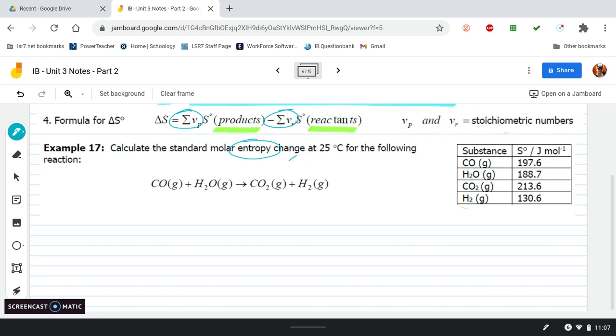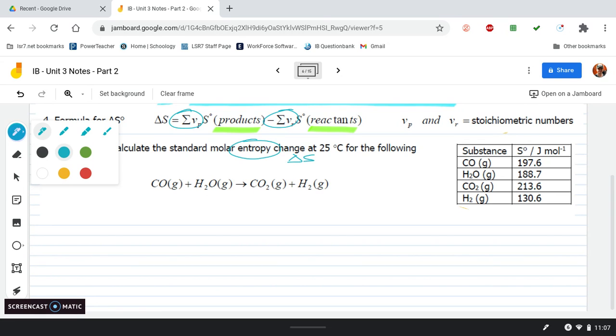Just to tell us that the temperature is not changing. And there's the reaction, so let's check to make sure it is balanced. If you go through this, you're going to see it is balanced, which means when we multiply times the S values, products minus reactants, we're just multiplying by 1.